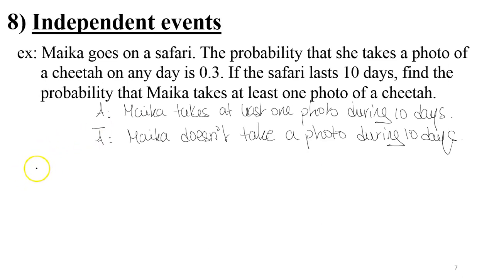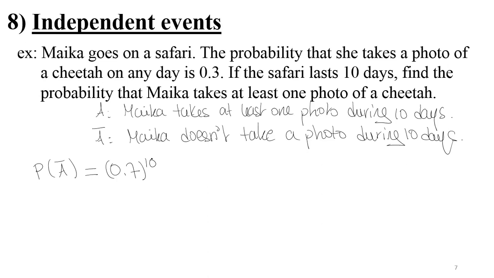Which means that the probability of A bar, not taking a photo during 10 days, if every day we have a probability of 0.7 of not taking a photo, is 0.7 multiplied by itself 10 times, because the probability on each day is 0.7, and not taking a photo on one day is independent from not taking a photo on any other day.